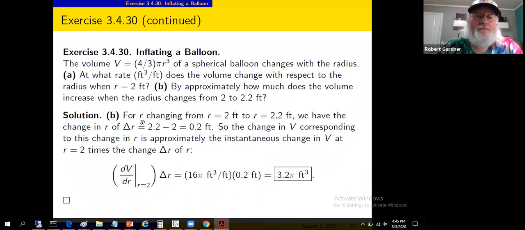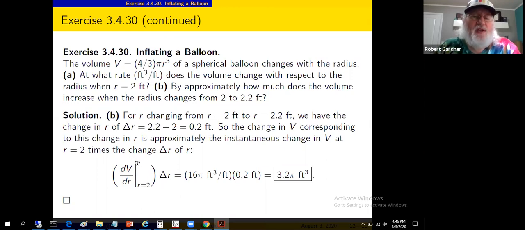Part B, for r changing from 2 feet to 2.2 feet, how much does r change by? What's delta r, the change in r? Delta r is 2.2 minus 2. It went up by 0.2 feet. As we had before, to approximate the change in volume, the question being approximately how much does the volume increase by, we're going to take the derivative evaluated at 2 and multiply it by the change in r, just like we did with that revenue function in the washing machines.